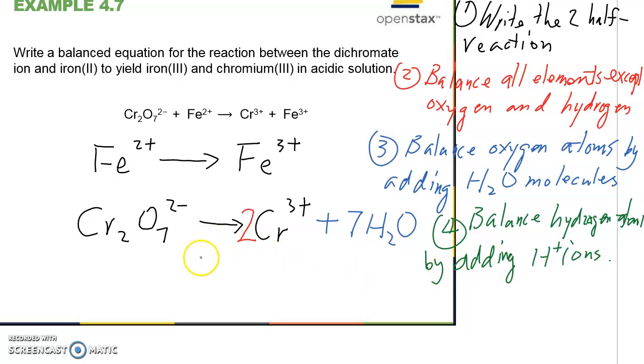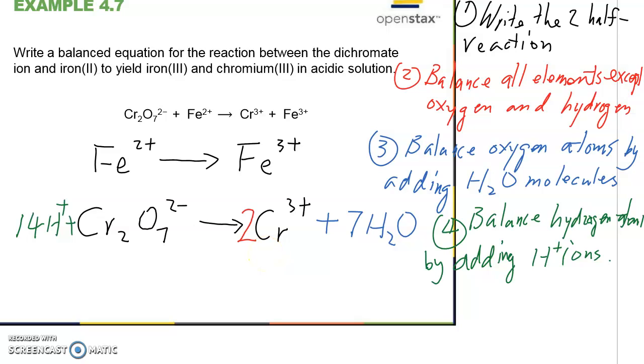So how do I do that? Let's see. On the first half reaction, we don't see hydrogen, so that's fine. Over here, we do not see hydrogen on the left, but we see 14 hydrogen on the right, and therefore we have to put 14 H plus on the left. So now hydrogen is balanced.